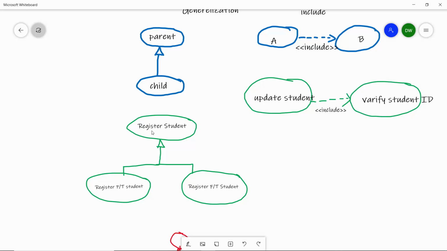So you will have to register both those students. In that case, we can take this example as a parent-child relationship. The children will be these two groups: the first is the part-time student group, and the other is the full-time student group. So when we are using this within a use case diagram, we will have to draw like this.